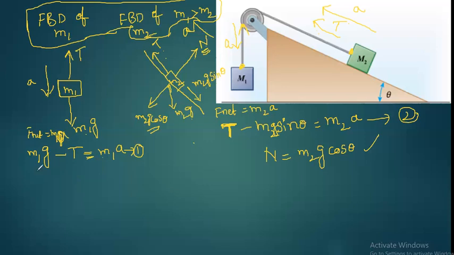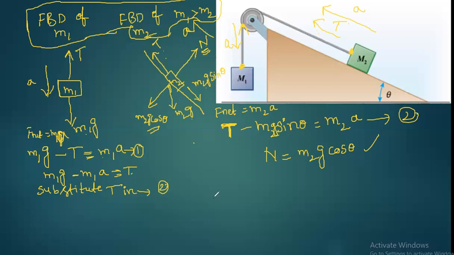M1g minus M1a is equal to T. Okay. So I am putting this T value in this second equation. Let us substitute that.